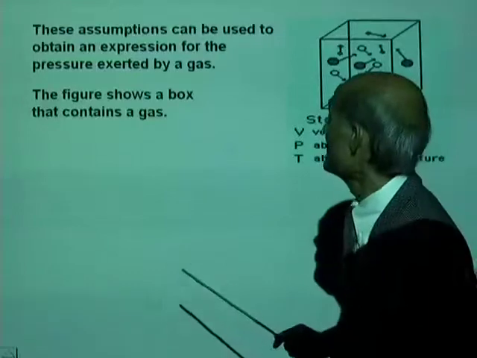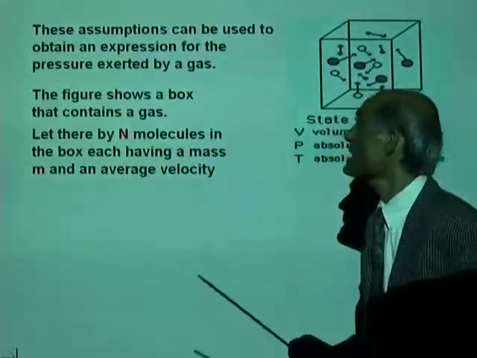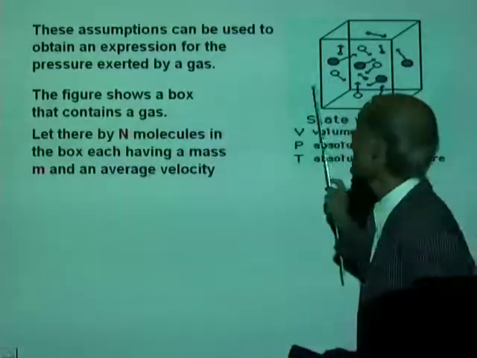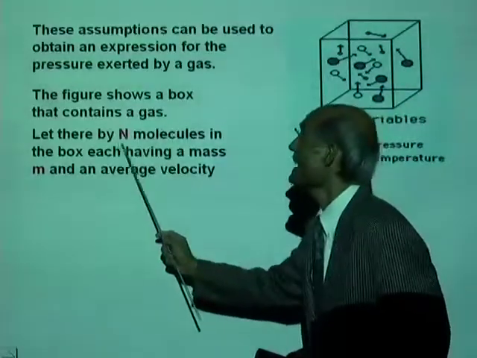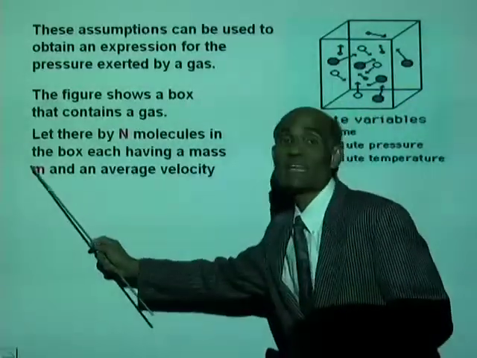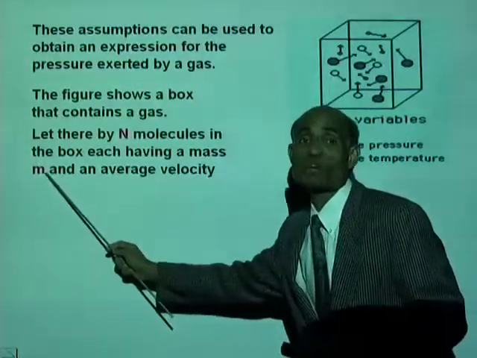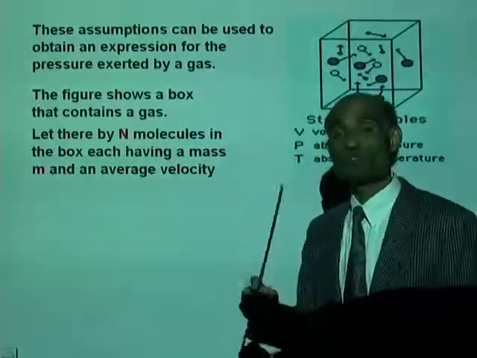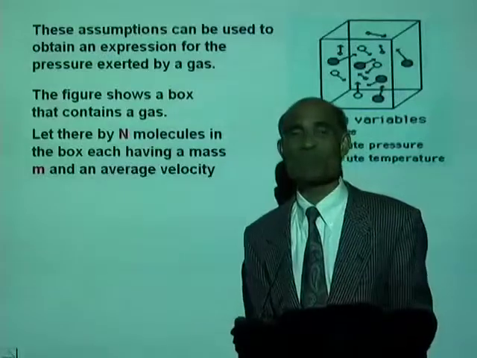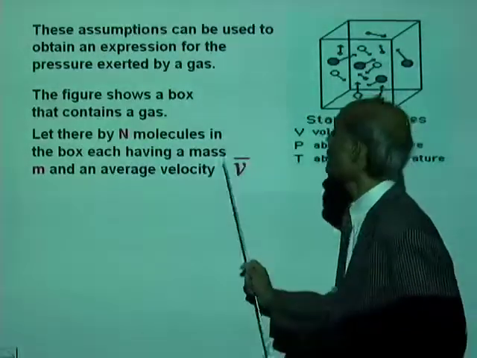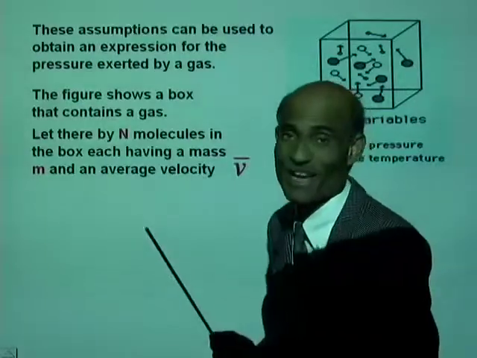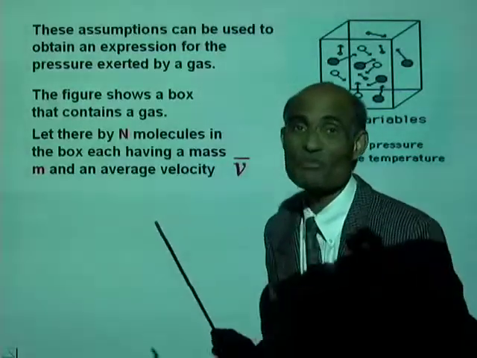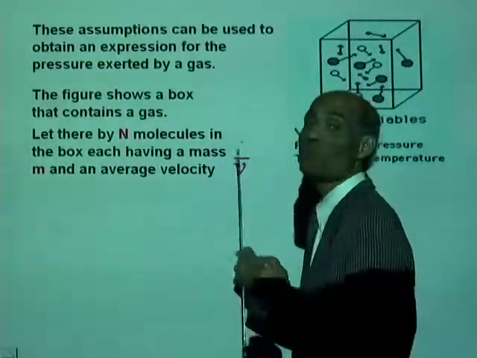All right? Now, let the total number of molecules in this box be n. And let the mass of each molecule be small m. So watch all these assumptions that we make. Now, we assume that the average velocity of a molecule is v bar.